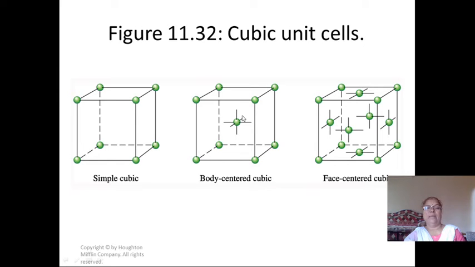Then in the body centered cubic structure, in the center of the cube there is 1 point, and the distance of each face from this central point is equal.